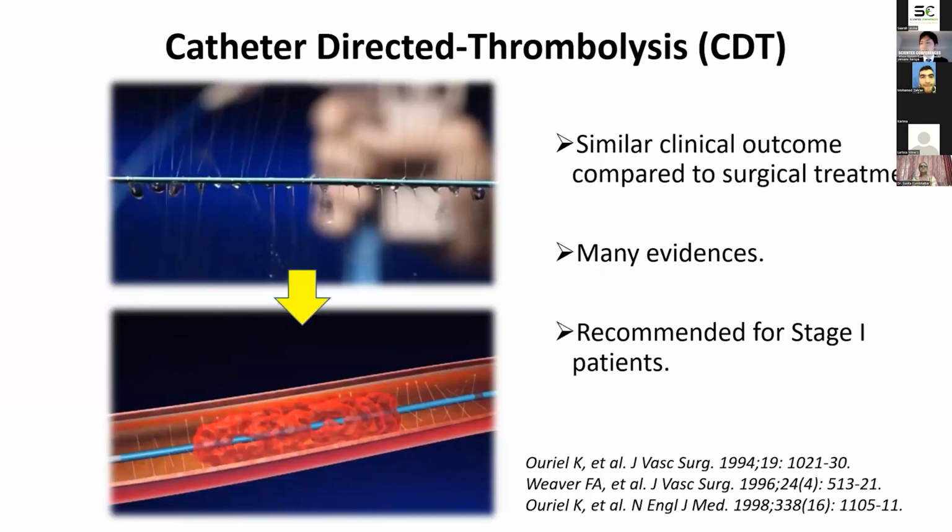Next, catheter-directed thrombolysis, CDT. CDT is also considered a first-line treatment for ALI, according to the current guideline. As the figure shows, CDT uses a multi-side hole catheter. It is inserted into thrombus directly, and thrombolytic drugs are infused through the catheter.